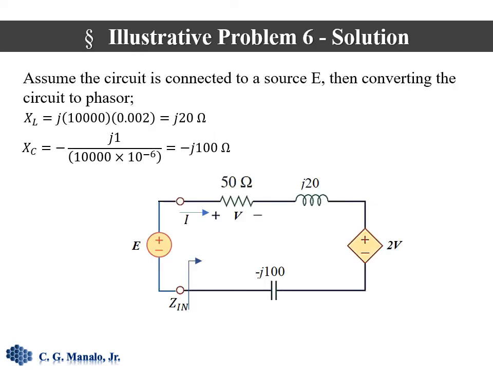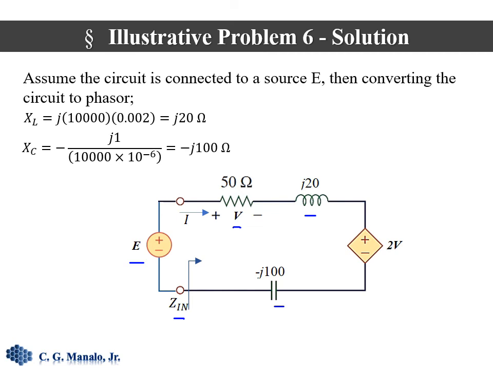So this is the source, and we convert the lowercase quantities into uppercase quantities, and we also replace the circuit elements by their phasor equivalents, and we have here Z sub in.